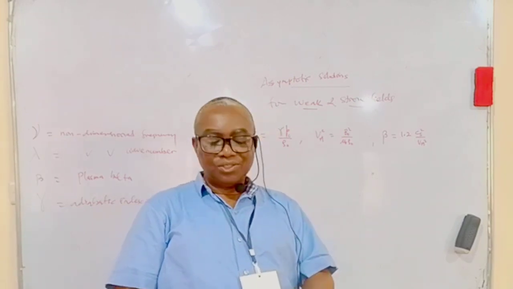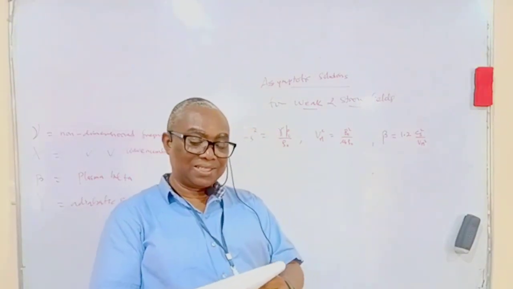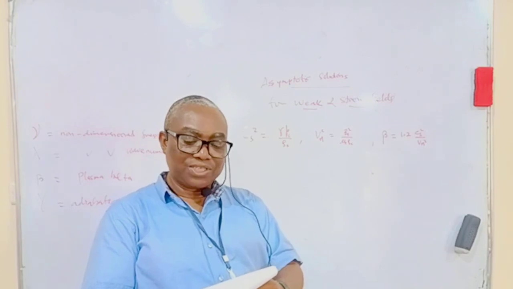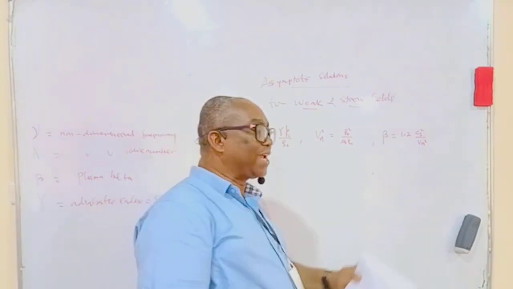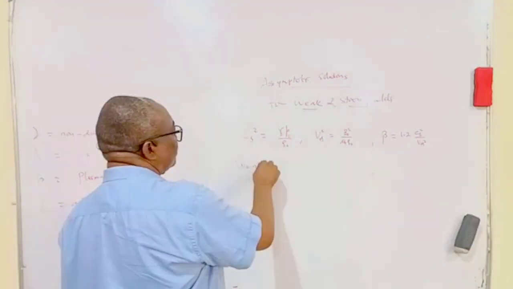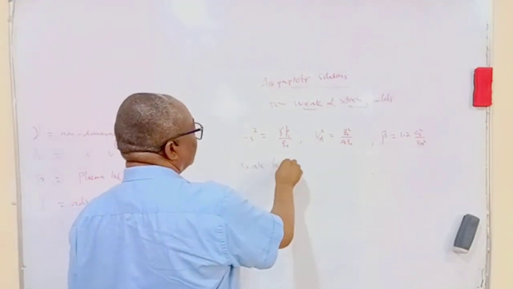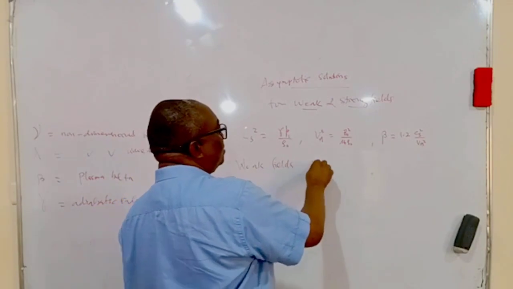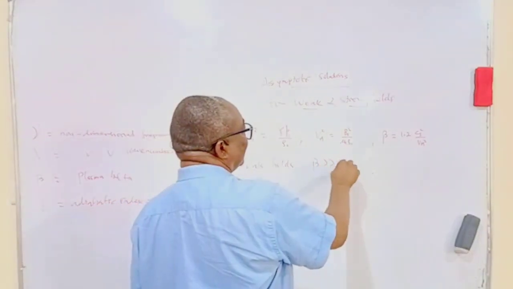And during the course of our lectures, we'll say that the weak fields will occur when beta is far greater than what? 1.